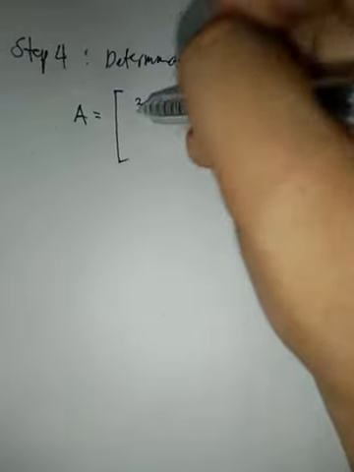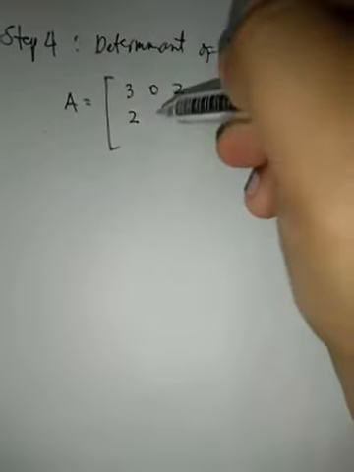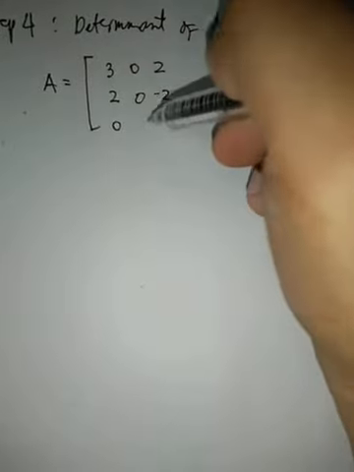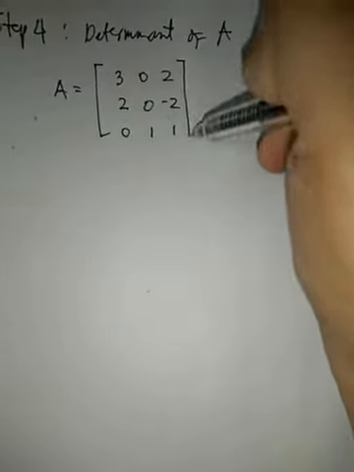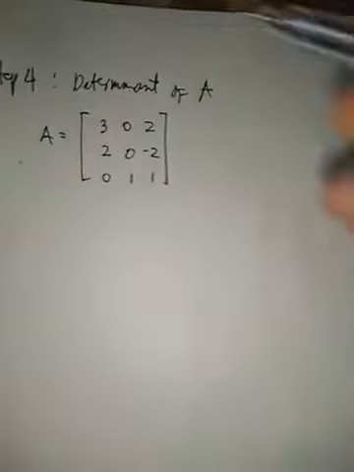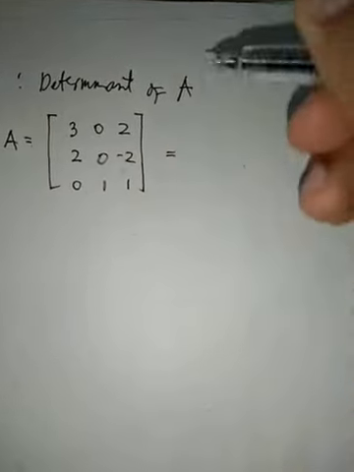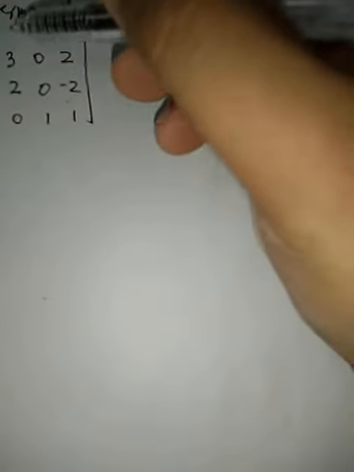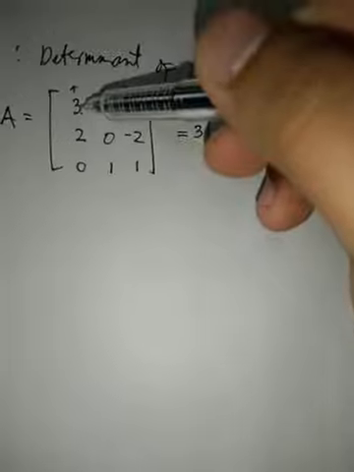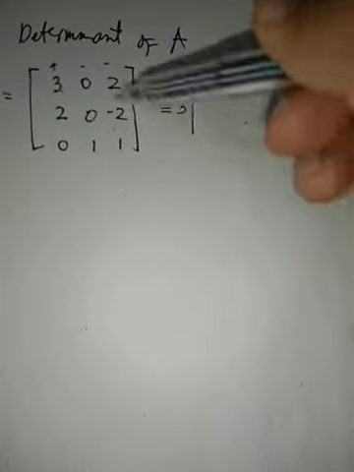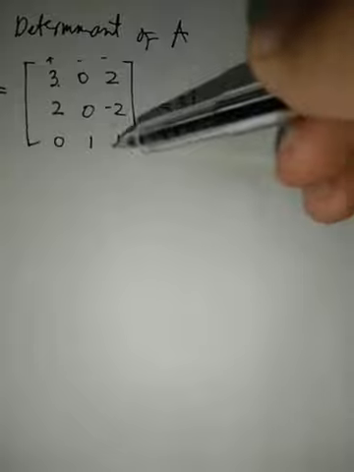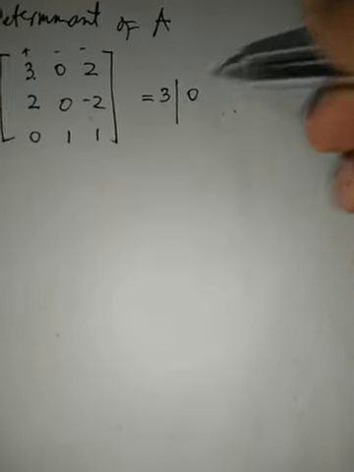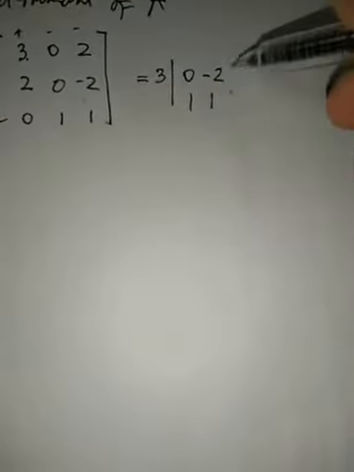So, we have 3, 0, 2, 2, 0, negative 2, 0, 1, 1. Okay. So, how do we able to get the determinant of A? Meron tayong 3x3. Diba? Ang gawin natin is ito. Positive, negative, positive. So, 3. Then, disregard yung kanyang first row at saka first column. So, kunin mo yung kanyang determinant sa naiwan. So, ang naiwan kasi is 0, negative 2, 1, 1.